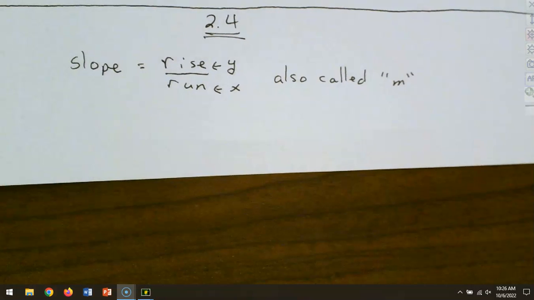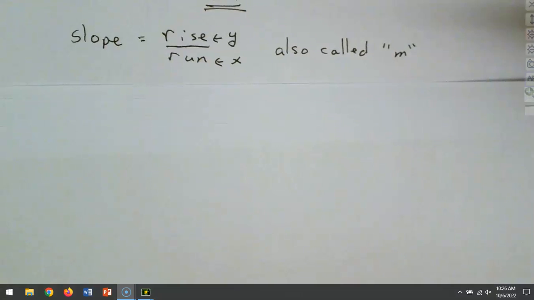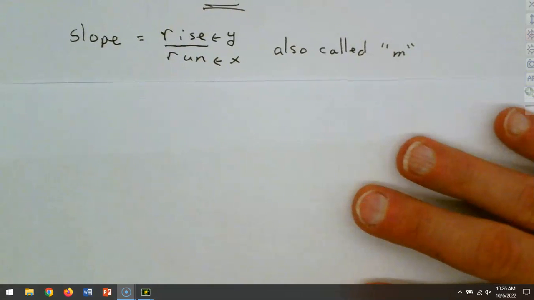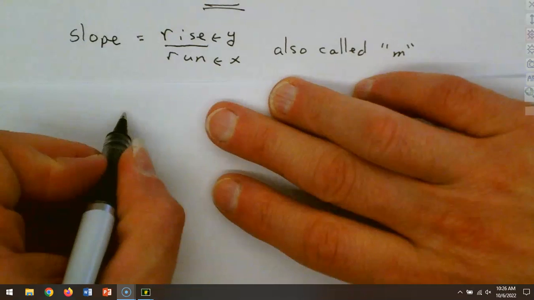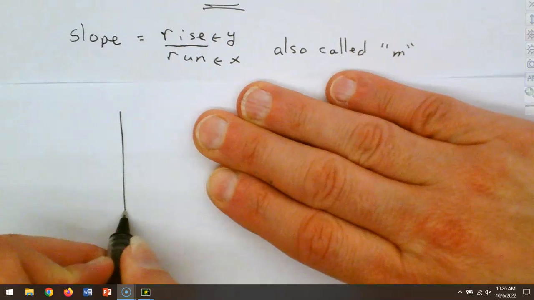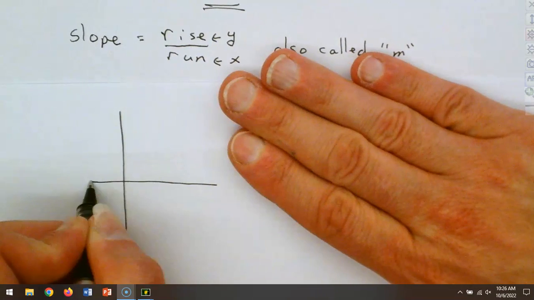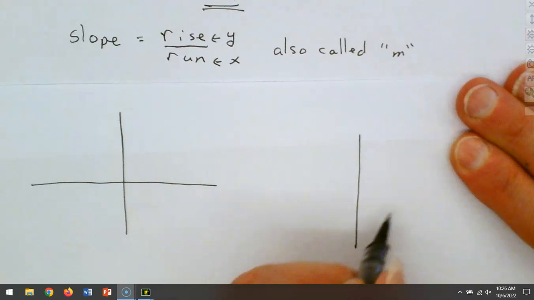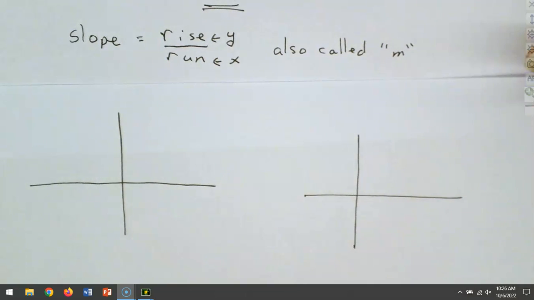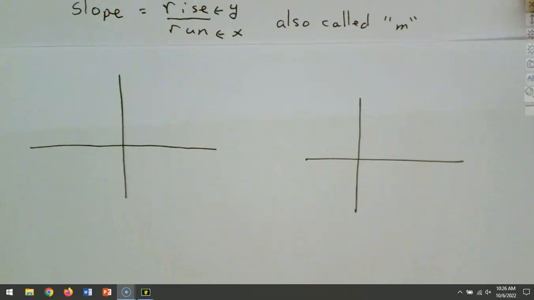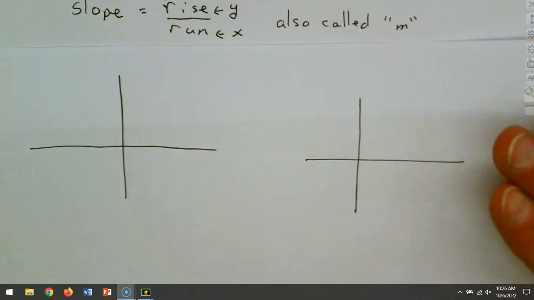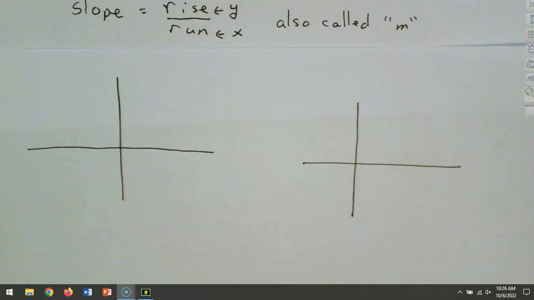Now let's look at 4 different graphs that have different slopes. I'm not going to have you find the slope. I'm just going to have you tell me if these lines have a positive slope, a negative slope, a 0 slope, or an undefined slope. Okay, rise over run. Let's start with these 2.